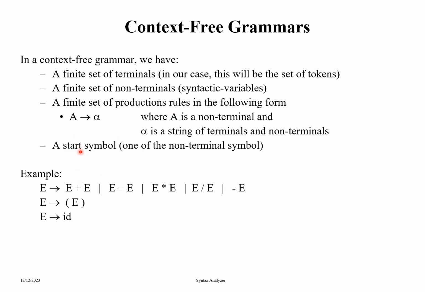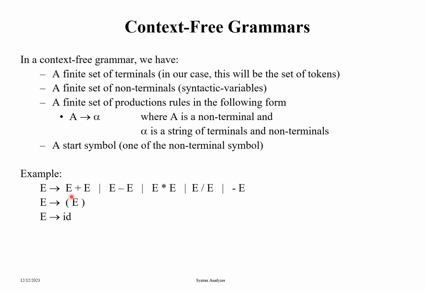Here, E is the start symbol for this given production. E produces E plus E, E produces open brace E close brace, and E produces ID. So E is the start symbol for the given grammar. We have a set of production rules. E produces E plus E, which includes a terminal, the plus.